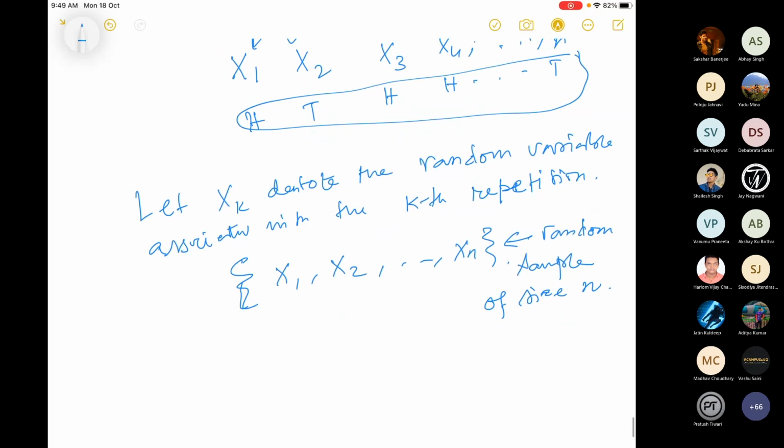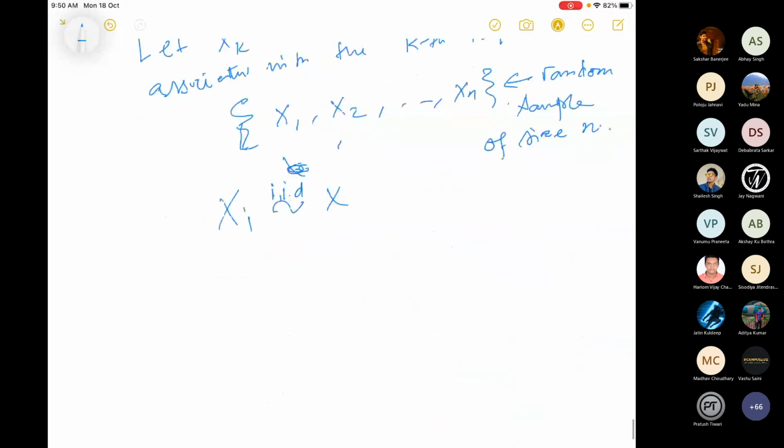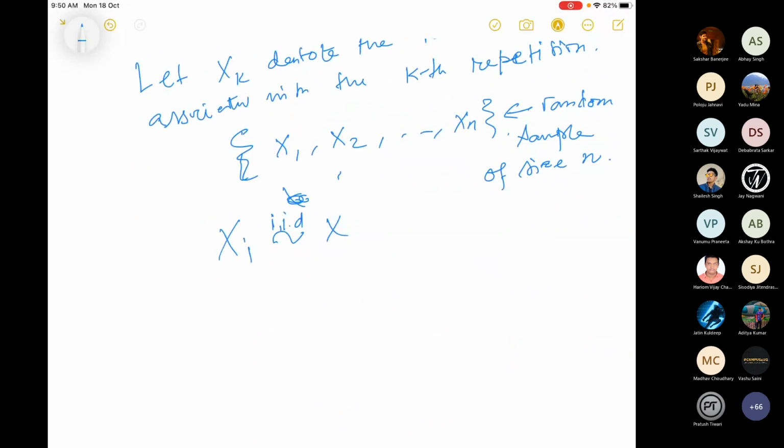And of course, these are IID: independent and identically distributed, and they have the common PDF fx, where we started with fx. So x1, x2, xn are IID with PDF fx.